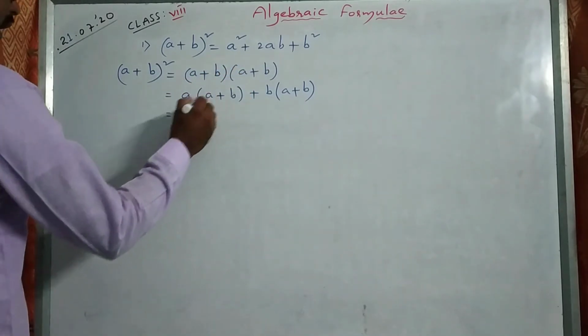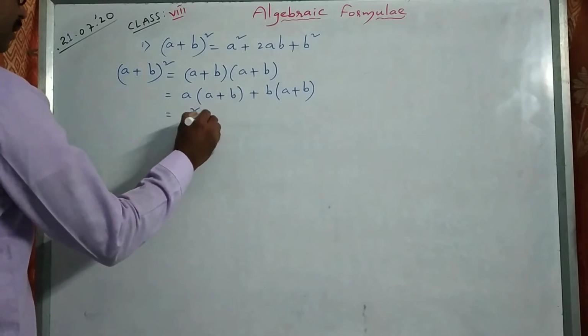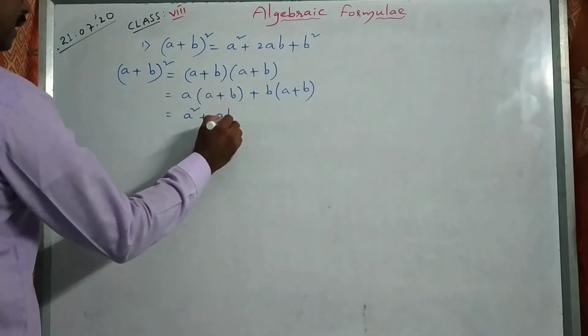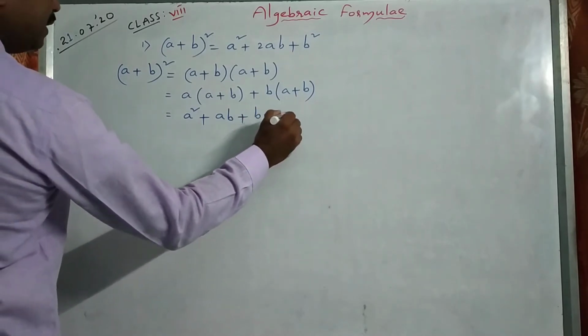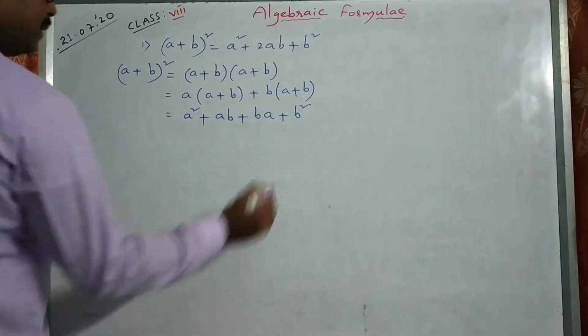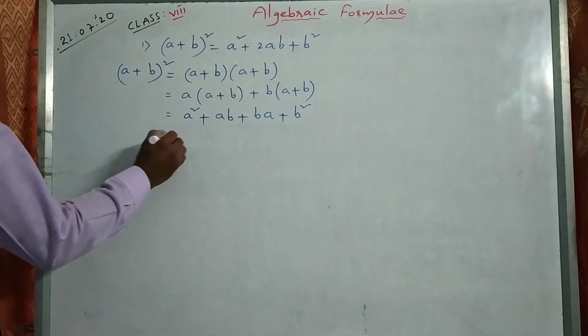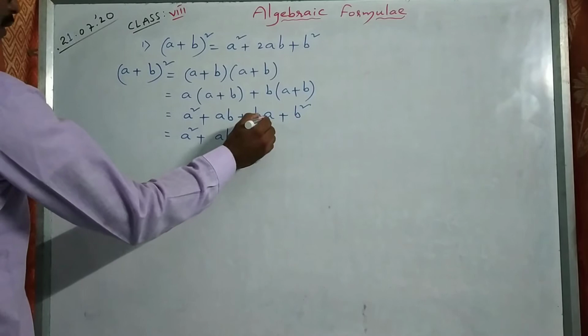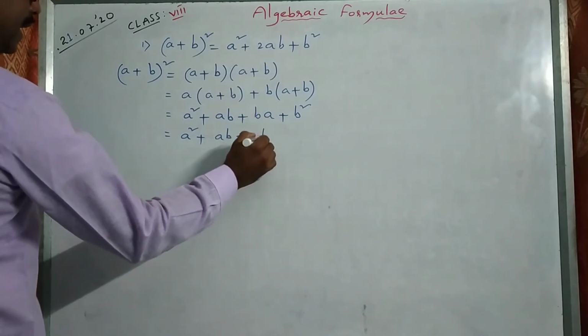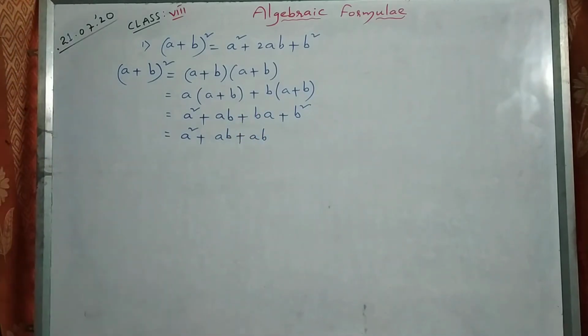Okay? So a into a, a square, plus a into b, ab, plus b into a, ba, plus b into b, b square. A square plus ab plus, instead of ba we can write ab because they are all real numbers.